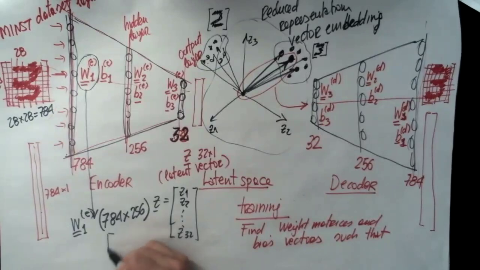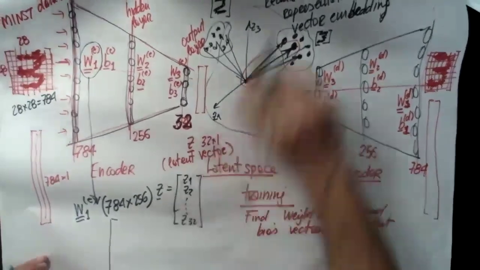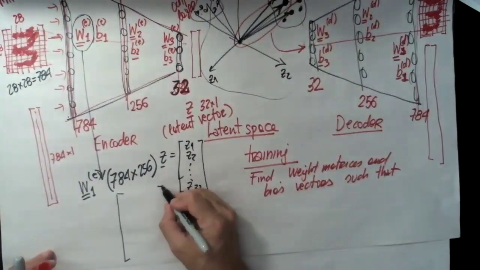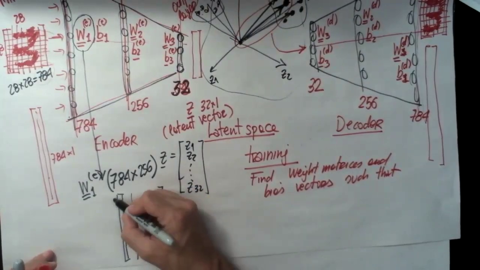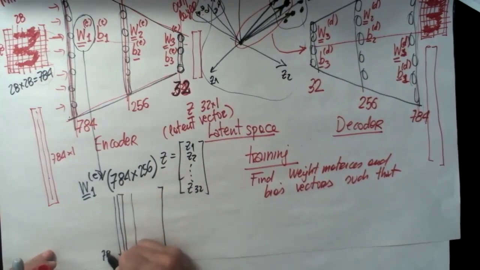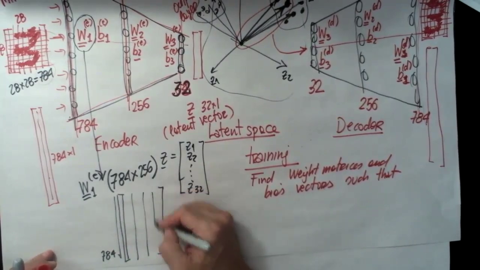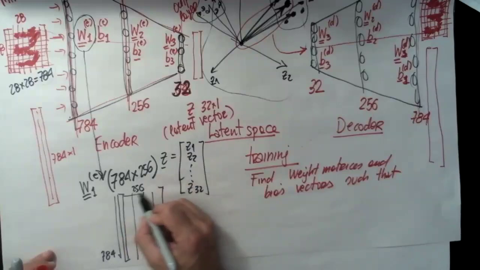And what happened, we can represent this matrix like this, in which the columns of this matrix have the same size of 784, and then we have 256 features.